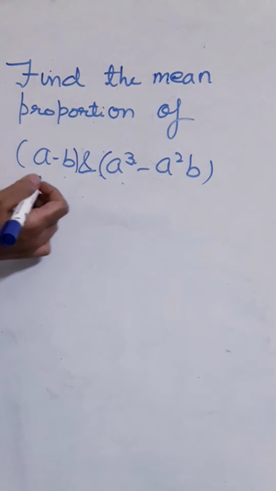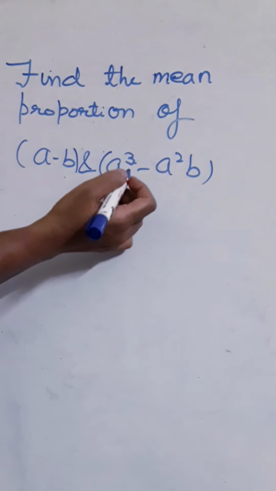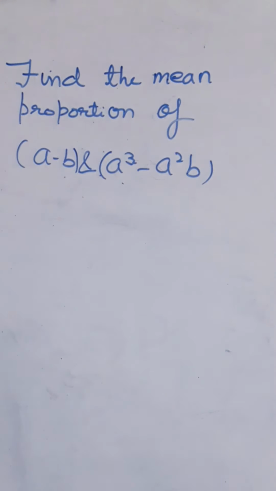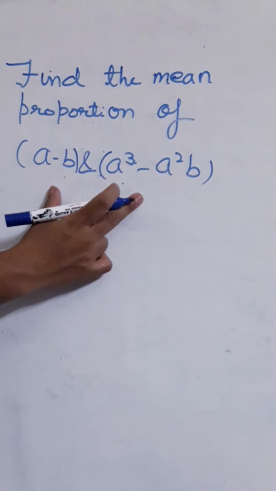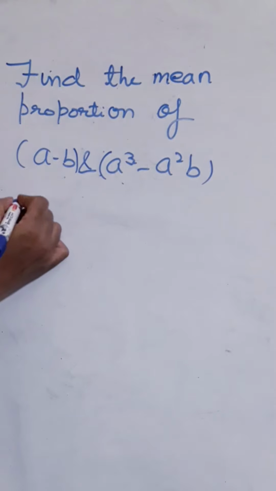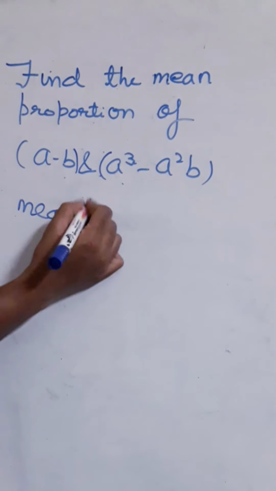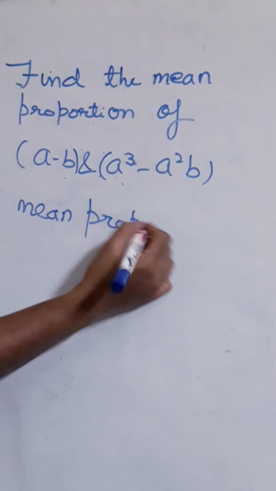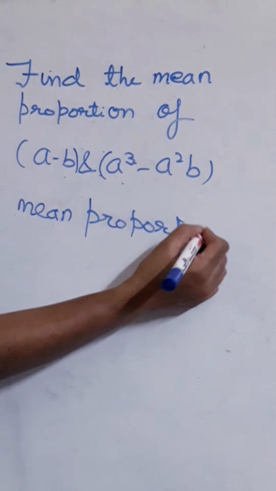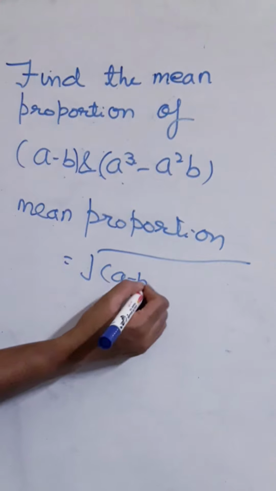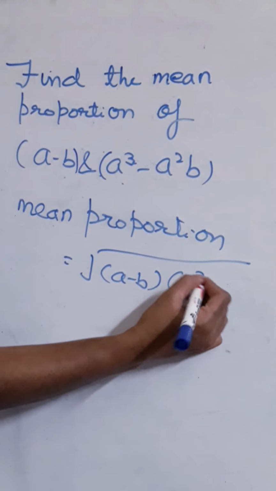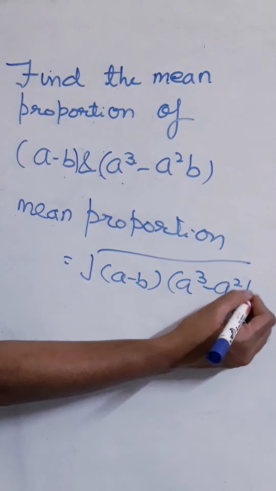Find the mean proportion of a minus b and a cube minus a square b. I told you all that if you need to find out mean proportion, then you need to multiply both of them and then take under root. So your mean proportion will be under root a minus b into a cube minus a square b.